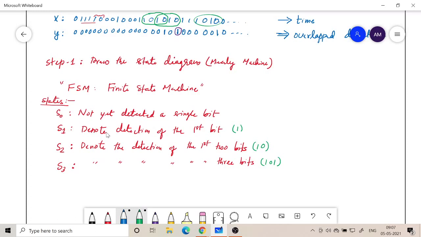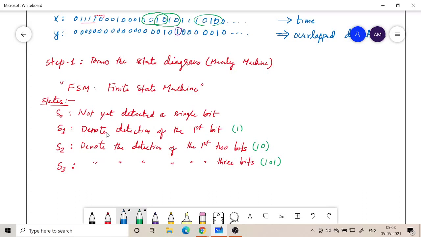So I have detected so far, and if the next bit is 0, my job is done. So if the present input is going to become 0, I have already stored the data related with the past 3 bits in the flip-flops or in the storage element. So 1 0 1, I can combine it with the present input and generate the output to become 1.